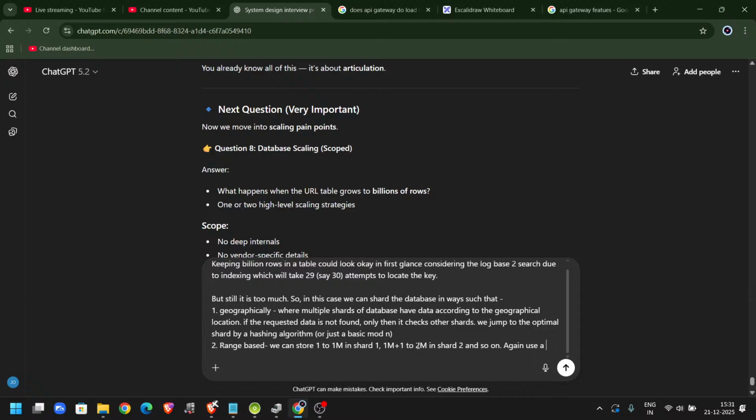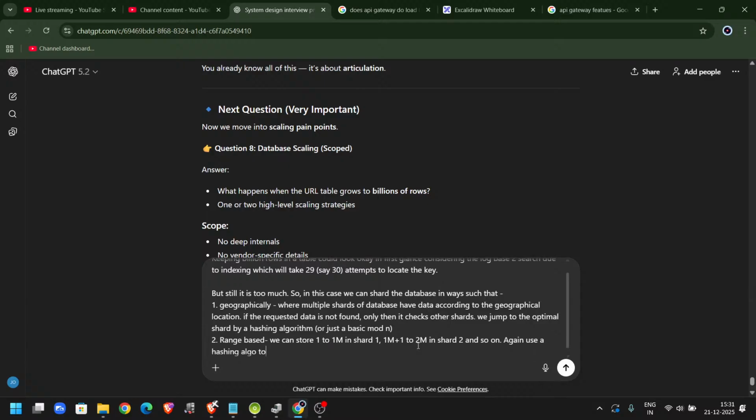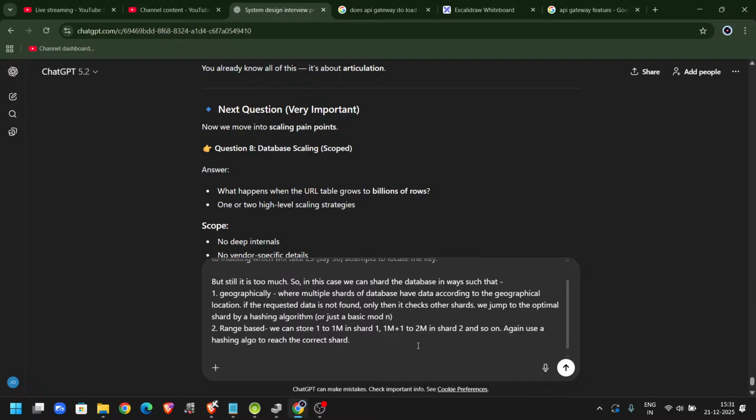Again, use a hashing algo to reach the correct shard.